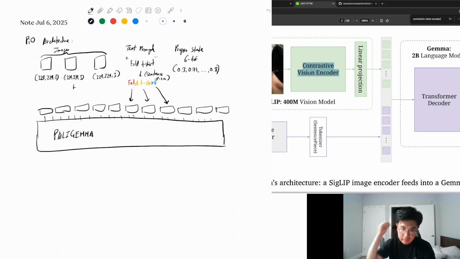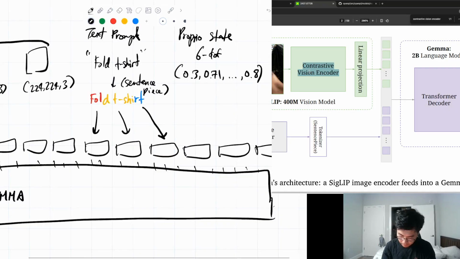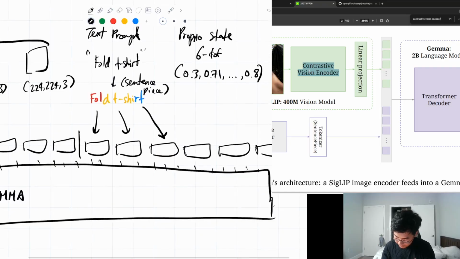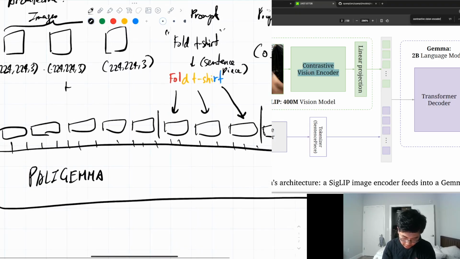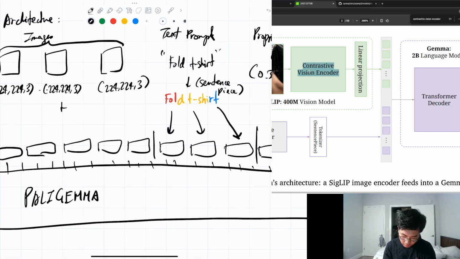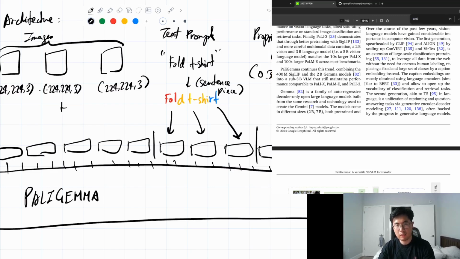Some of these tokens will be reserved for text, and this chunk will be reserved for images. Your image is of shape 224 by 224 by 3, which is quite big, and I don't know what the embedding dimension is.